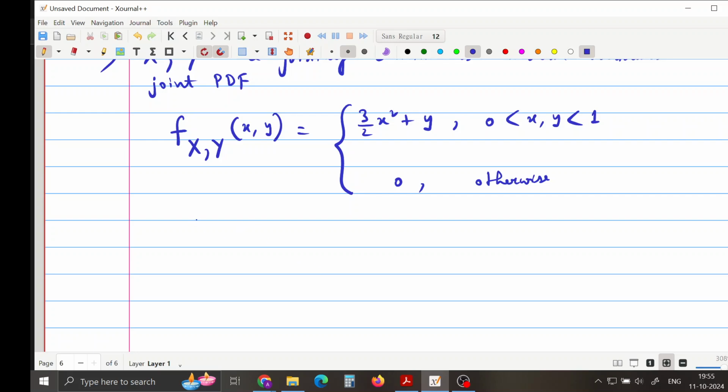So what is the variance of x and the variance of y? This denotes the variance of x. This is the variance of y.